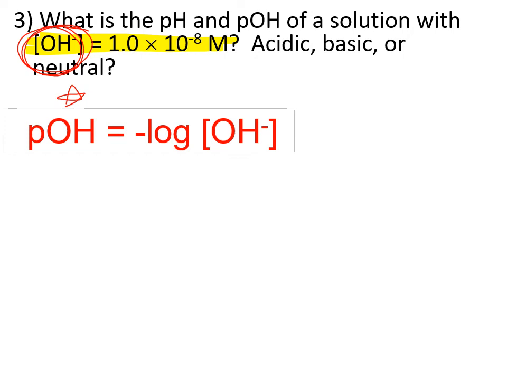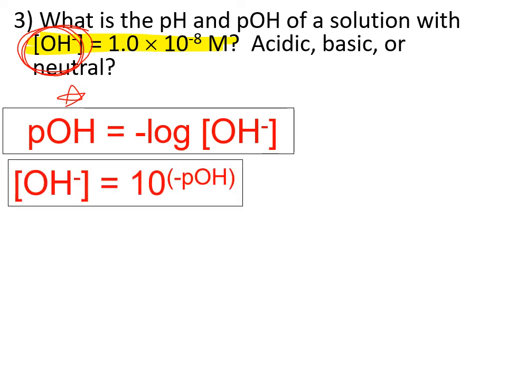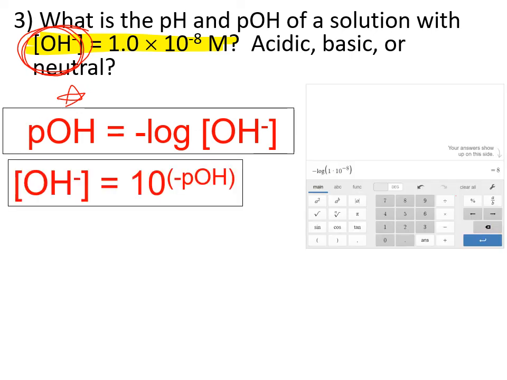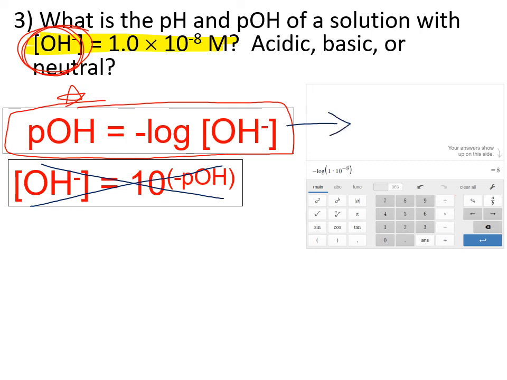It's a lot of OHs and H's. I know it's confusing. And so we're using this formula, pOH equals negative log OH. We're not going to use this formula right now because we have OH. We're looking for pOH. And so I plug this into my calculator. It should be plugged in just like that.